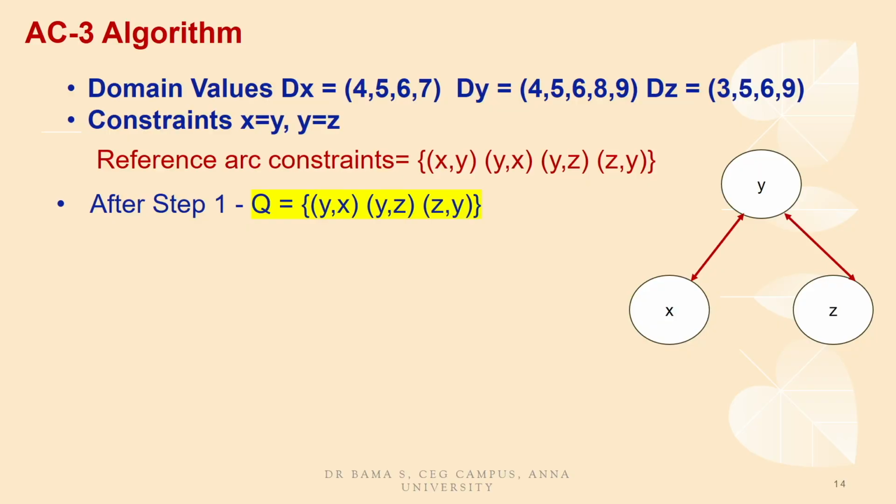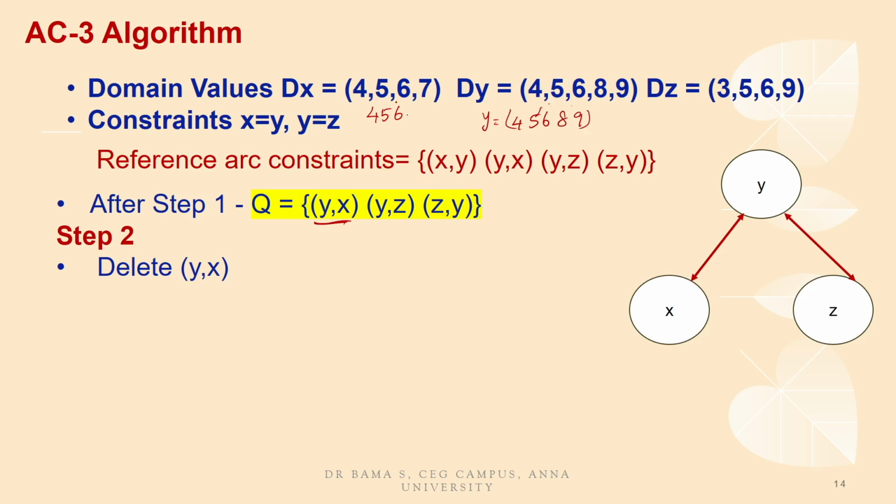This was the reference arc constraint which is carried over from the previous slide. So, after first step, our queue becomes this value. Now, in the second step, we delete the first one, which is y x. Remember, we had x value as 4, 5, 6 and y value as 4, 5, 6, 8, 9.